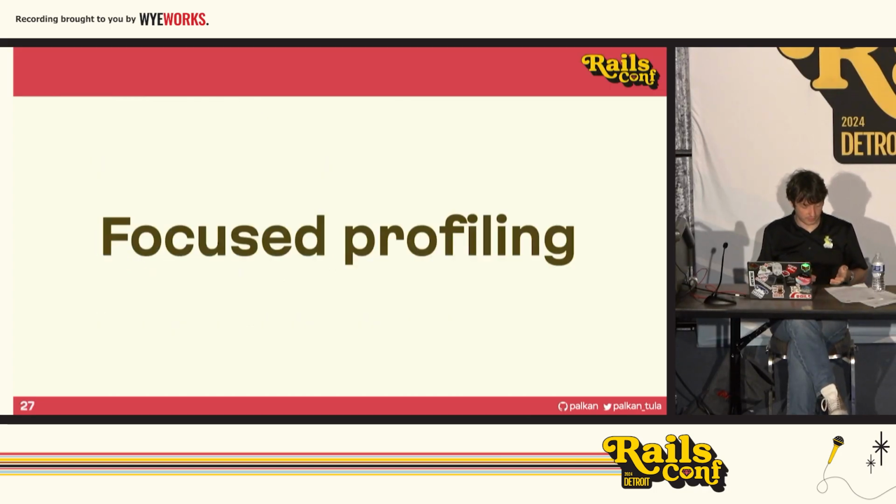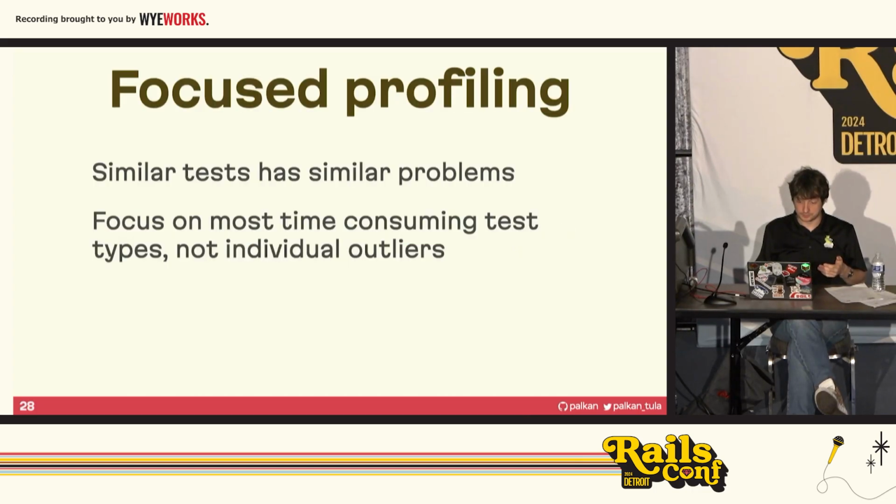That's what I'm calling using TestProf and narrowing down the search of the problems. And why do we want to profile different types of tests in isolation? Because from our years of practice and experience, it turned out that similar types of tests, like controller tests and model tests, have similar problems.